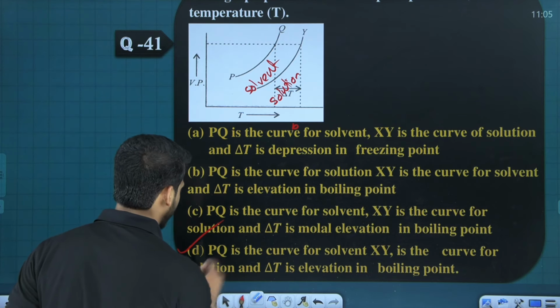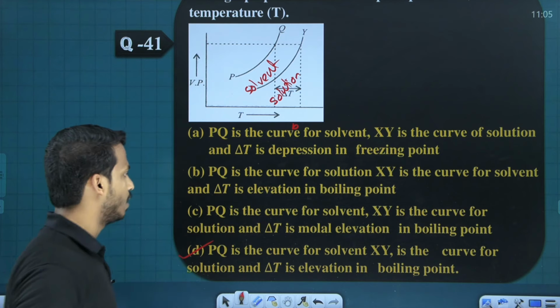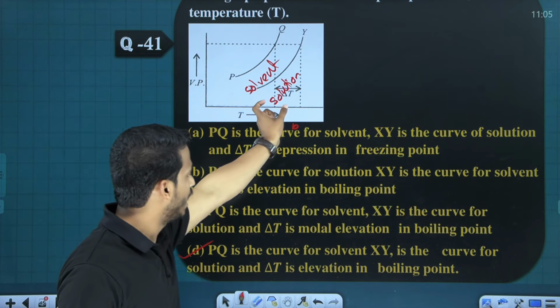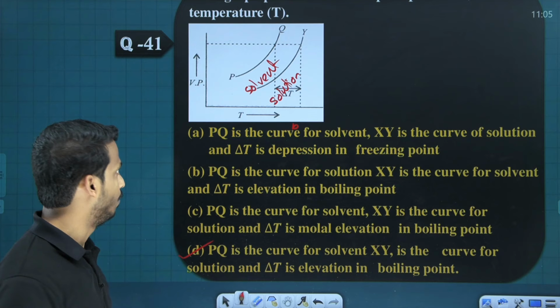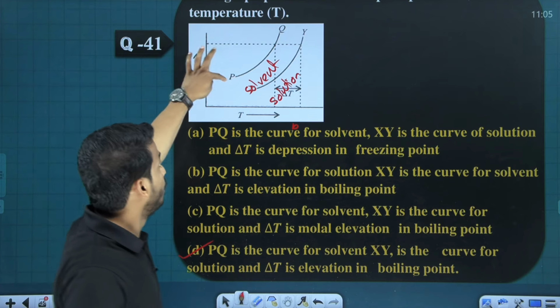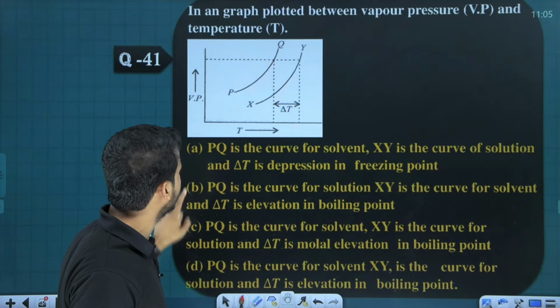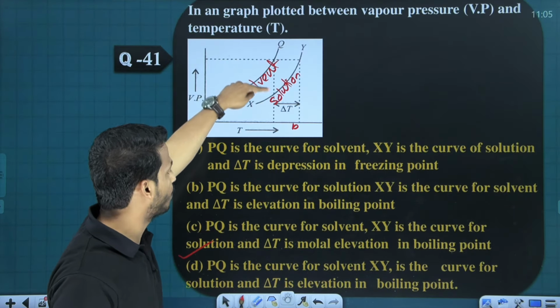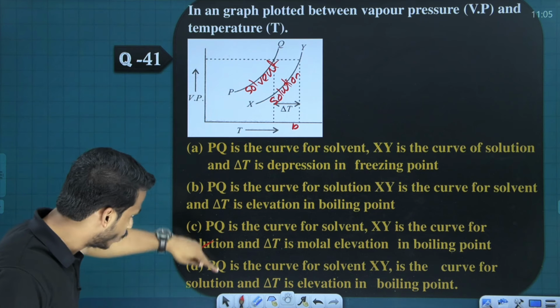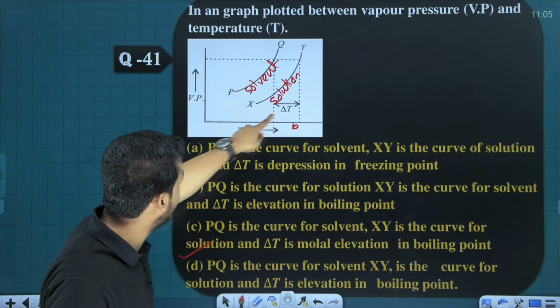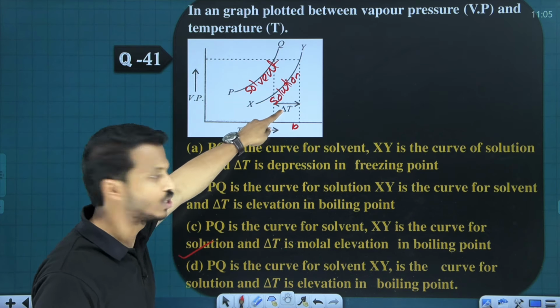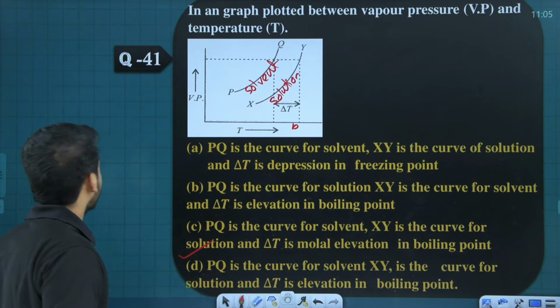That is the best answer, right? So D can be the correct answer. Delta T is the elevation in boiling point, delta TB. So finally, PQ represents solvent, and XY represents the curve for solution. And delta T represents the elevation in boiling point.